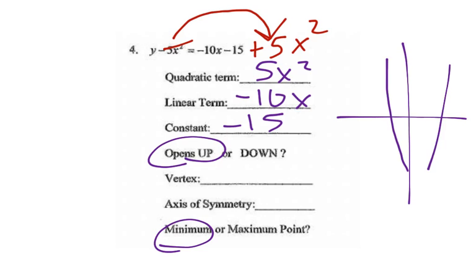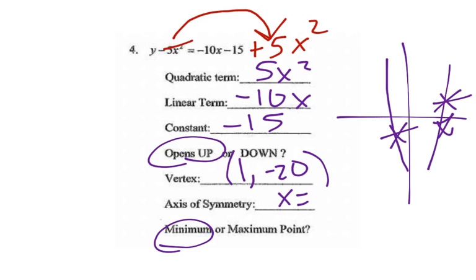So go to the left until you see your cursor. Hit enter. Go to the right until the cursor disappears and comes back on the right. And enter, enter. And we have 1, negative 20, which means my axis of symmetry is x equal 1.